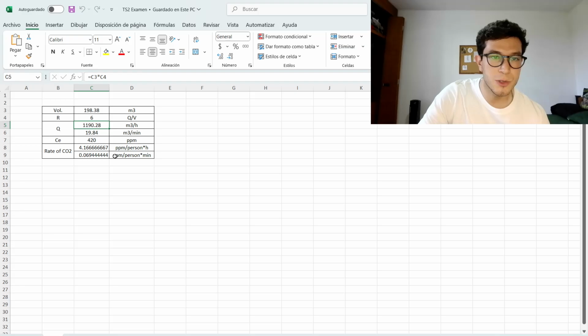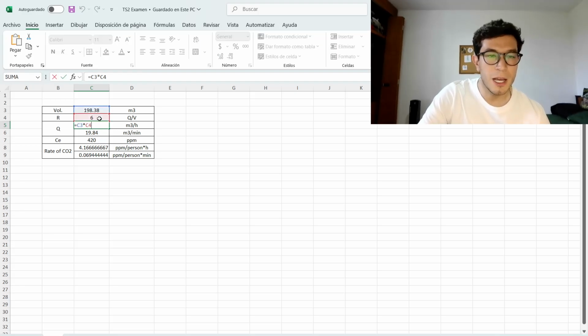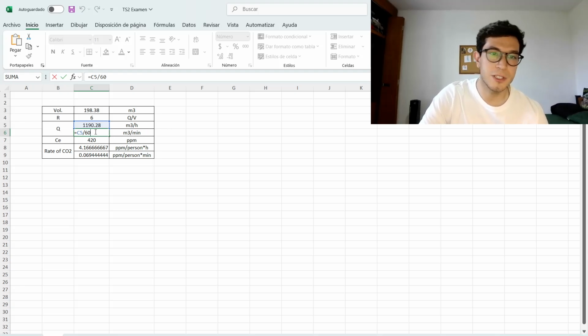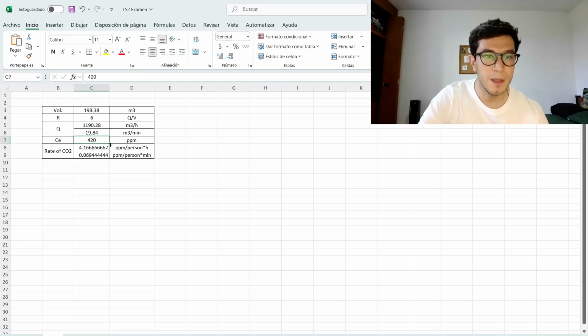So like it is shown right here, I just multiplied the volume by the value of R, and I obtained that the volumetric flow that gets in and out of the classroom is 1190.28 cubic meters per hour. Then I transformed that into cubic meters per minute. I just divided it by 60. The initial concentration was 420 parts per million, which you gave us.